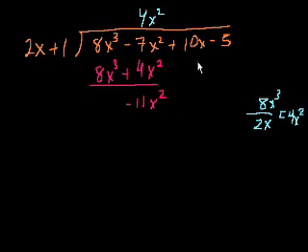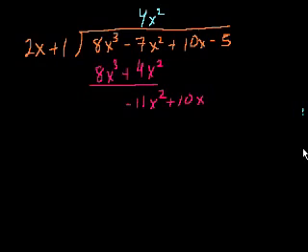Just for fun, we'll bring down the next spot, just like we do in traditional long division. Let me erase this over here, because I think we might find that real estate useful. All right, I'm back. It doesn't hurt to bring down the whole thing, just so that you understand what we're doing.